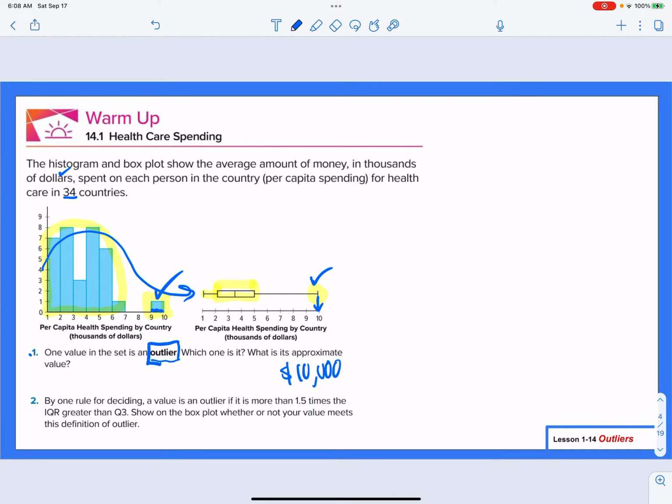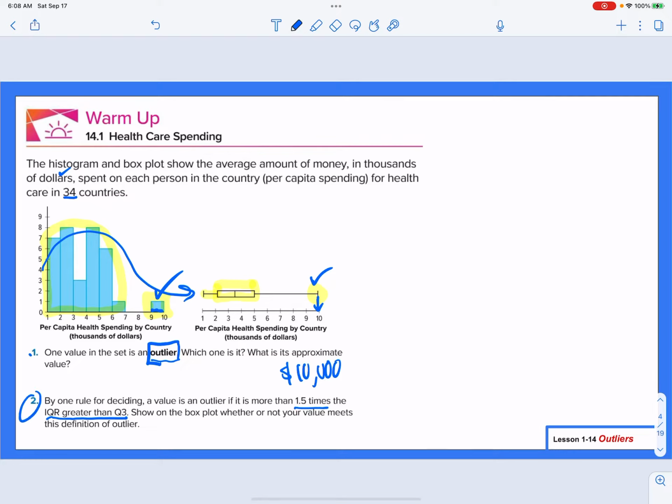By one rule, a value is an outlier if it is 1.5 times the IQR greater than Q3. Show in the box plot whether or not your value meets this definition of outlier. So let's see what that means.